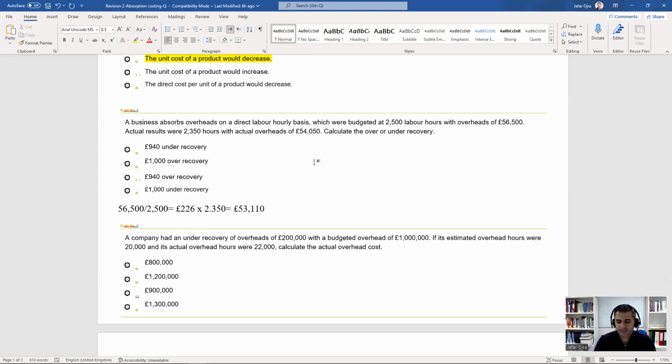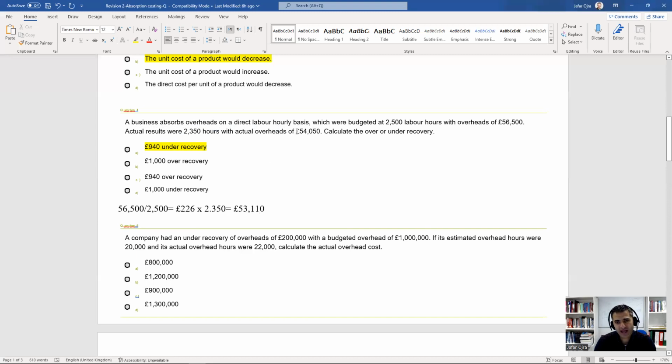That limits the options to 940. In this case, the question you need to ask yourself is, is it over or under recovery? Is it over absorbed or under absorbed? The answer is A, it is under recovery. Why? Now it is 53,110, and the actual overhead is 54,050.